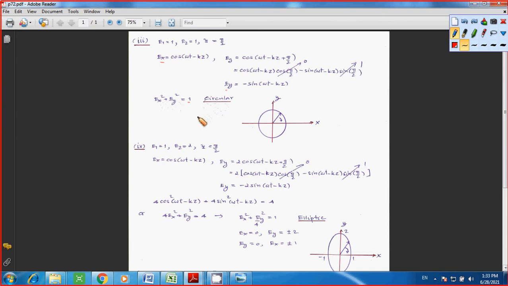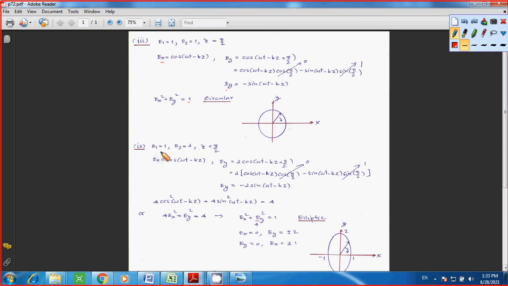That's the basic math. And since psi equal to pi over 2, this is going to rotate in the direction of clockwise, as shown by the arrow.